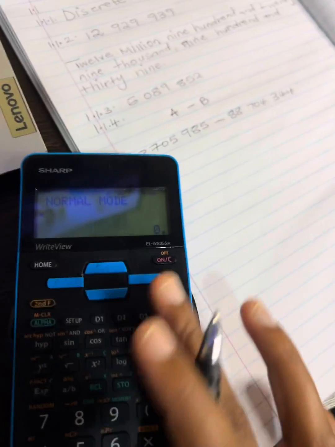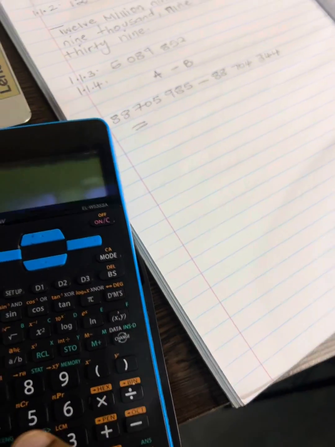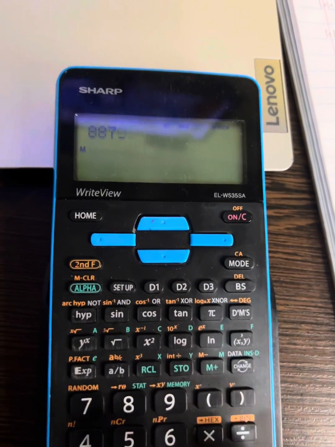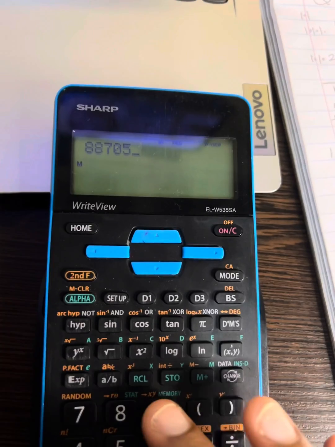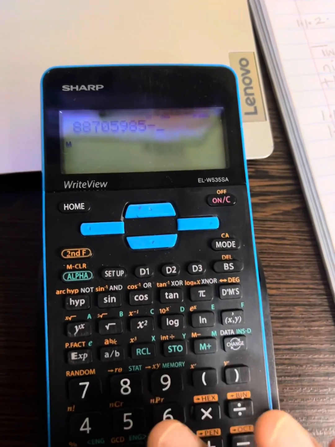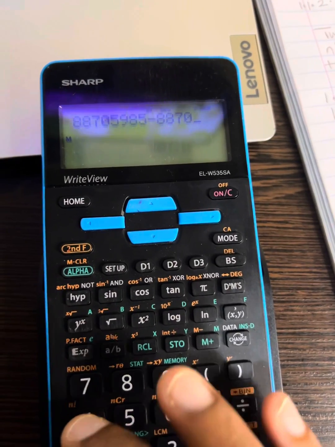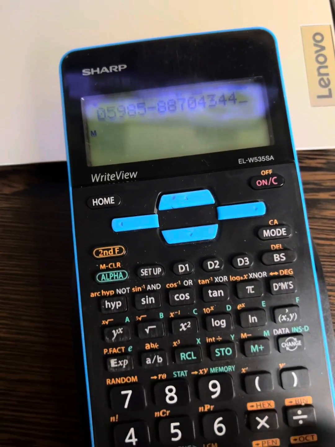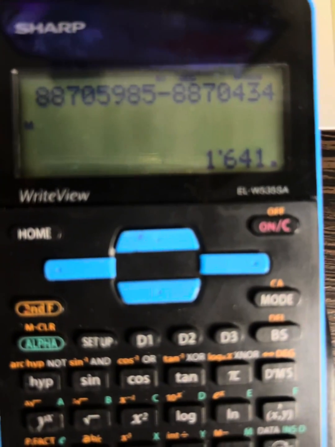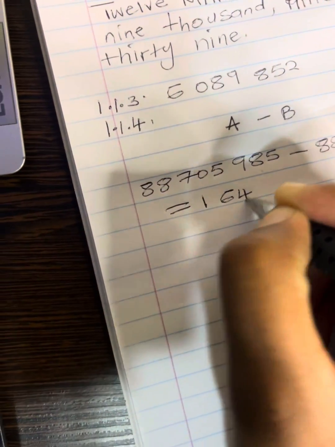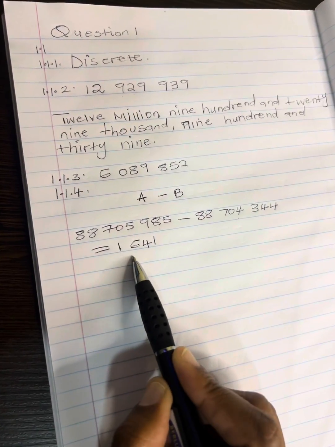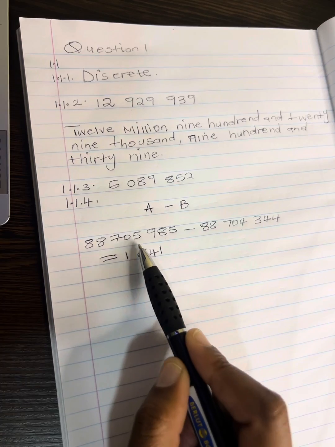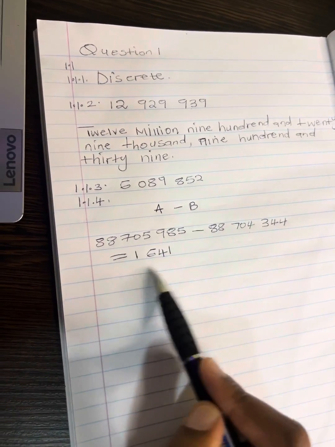When we subtract them, we are going to have 88,705,985 minus 88,704,344. There we go. The answer will be 1,641.